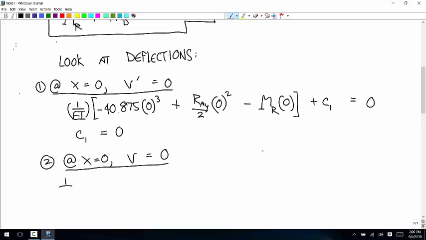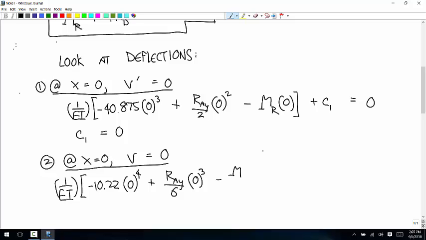And so that one says 1 over EI times the quantity, negative 10.22 times 0 to the fourth, plus RAY over 6 times 0 to the third, minus MR over 2 times 0 squared, plus C1 times 0, C1 is 0 anyways, plus C2 is equal to 0.